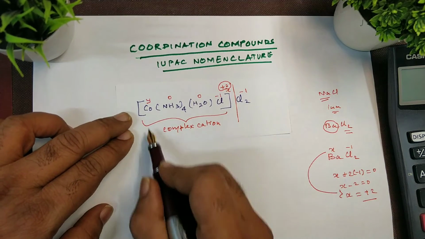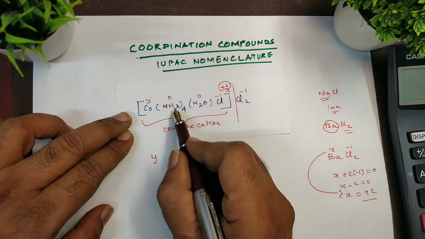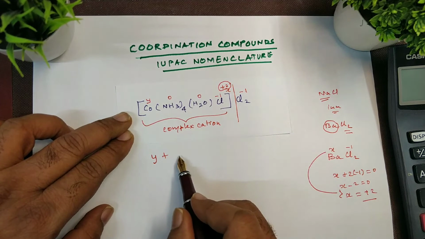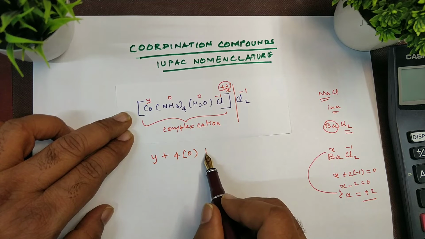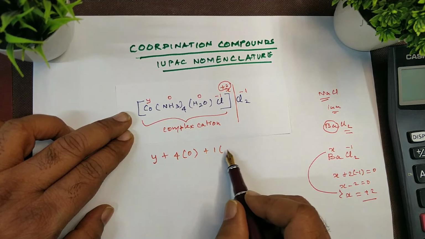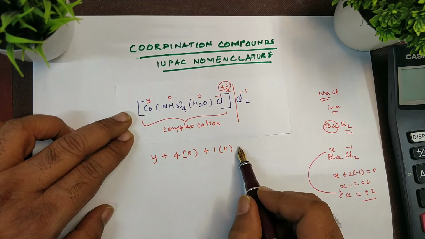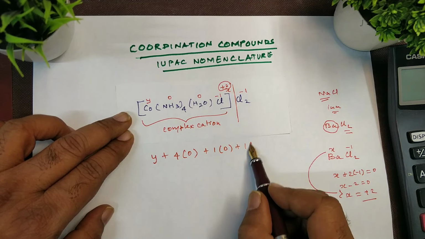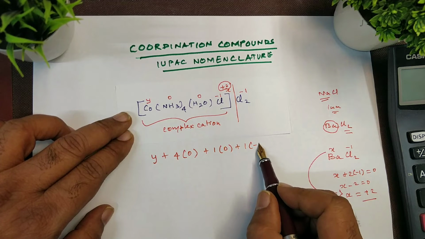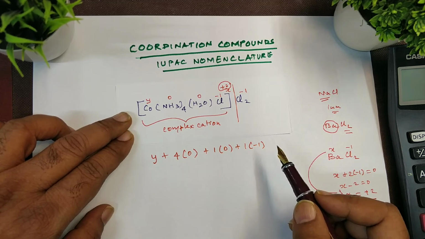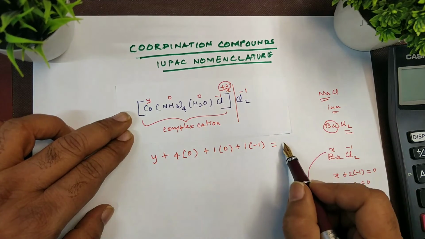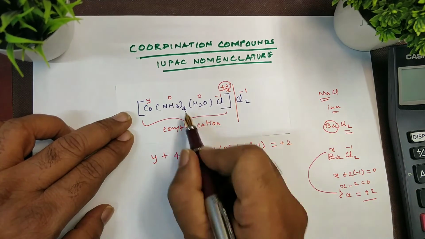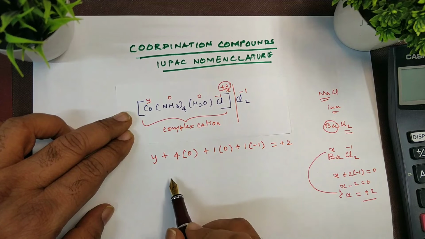Here let us put Y, and there are 4 ammine with oxidation state 0, 1 water molecule with oxidation state 0, and 1 chloride anion, so -1. The resultant oxidation state is +2 for this complex ion. So this is the way you have to follow.